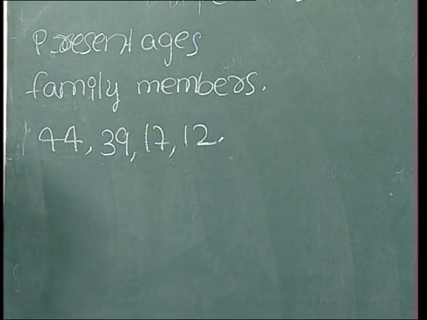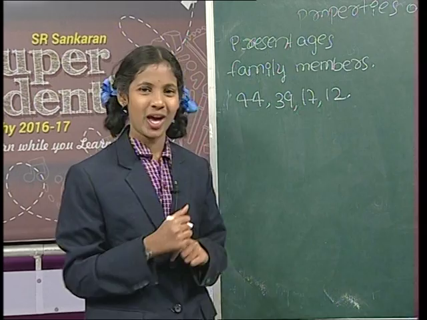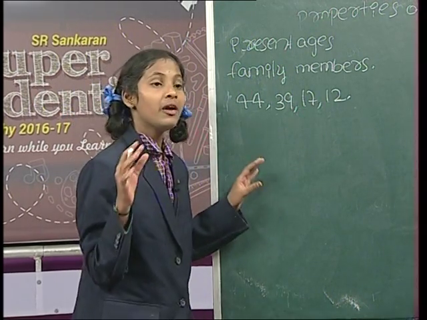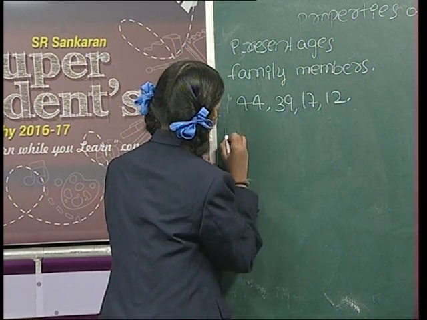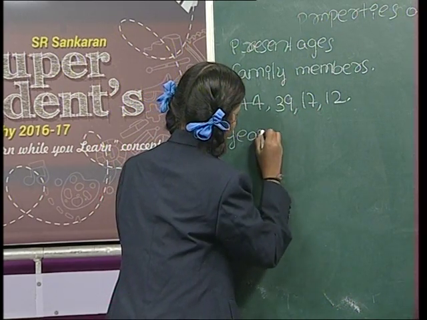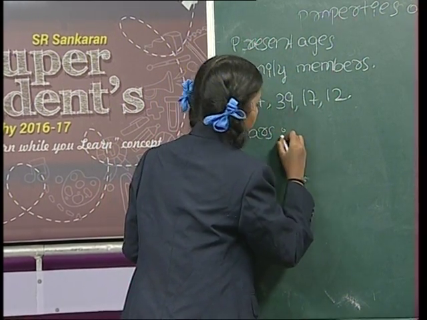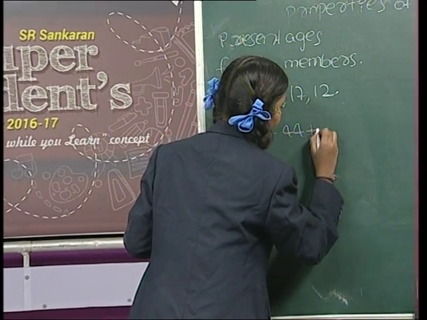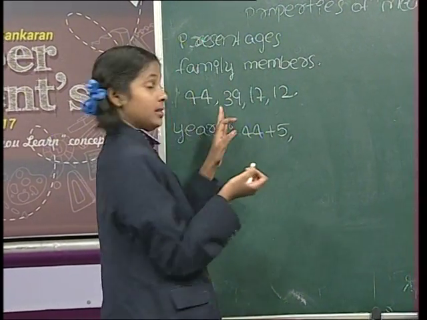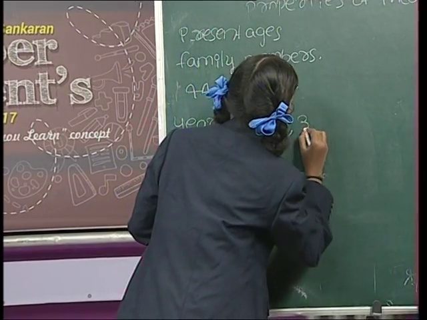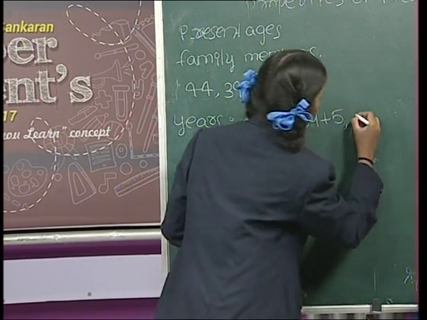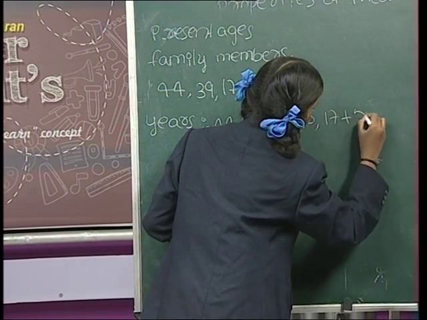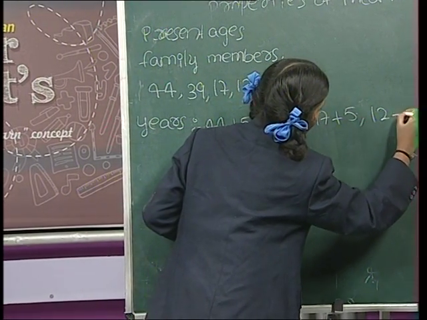So, what do we have to do now? Yes, Swaros, we have to add 5 to each of these ages. That is 44 plus 5, 39 plus 5, 17 plus 5, then last 12 plus 5.